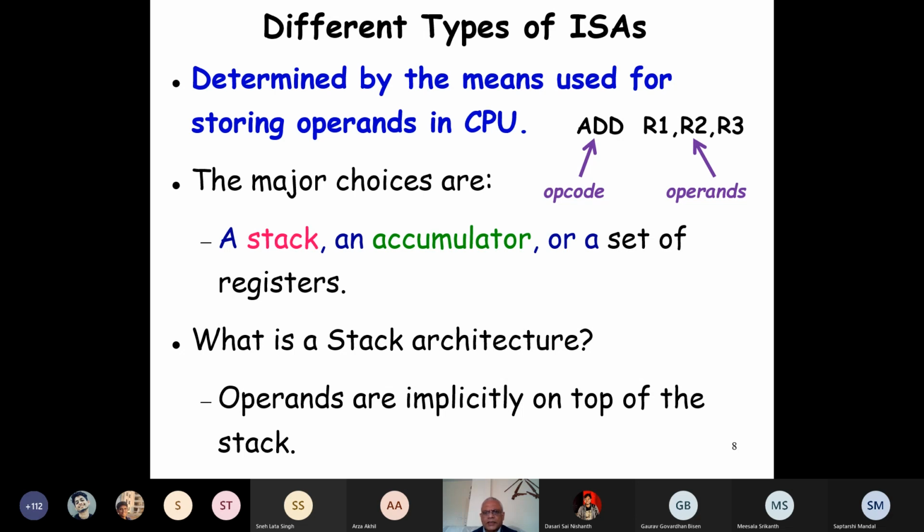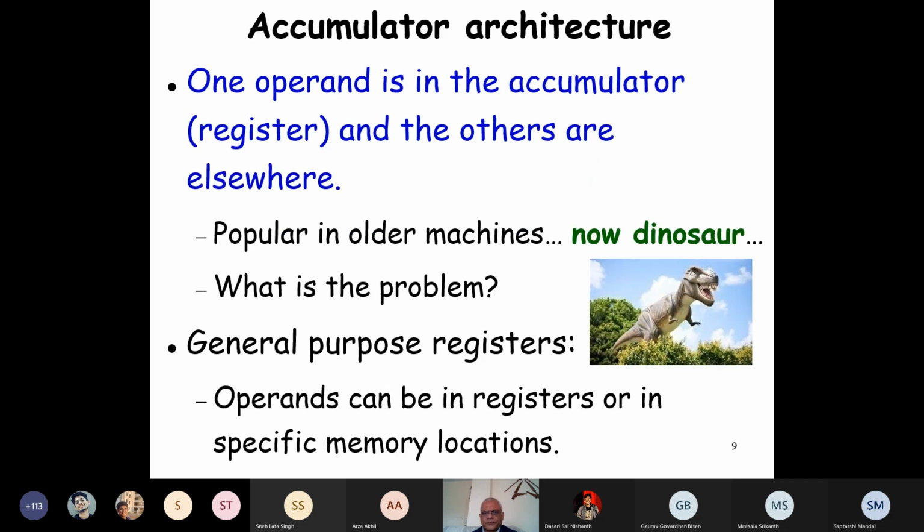The operation, the add, etc., will pick out the number of operands required from the top of the stack. Add requires 2 operands. It will pick up the 2 topmost elements on the stack, they will be popped and operated on, and the result will be produced on the stack again.